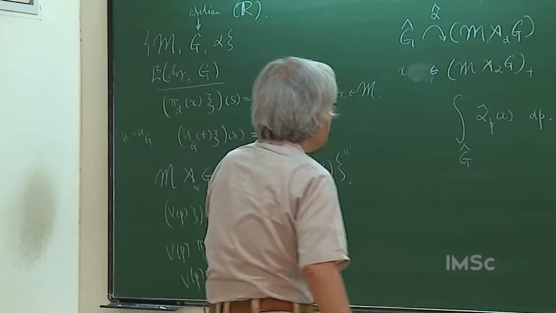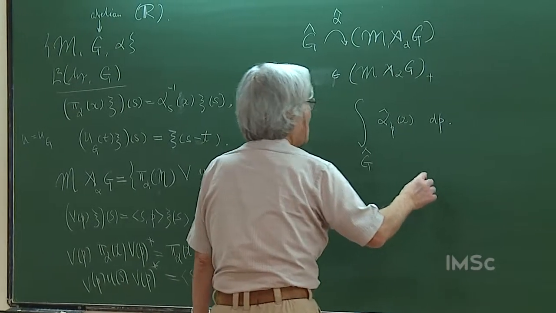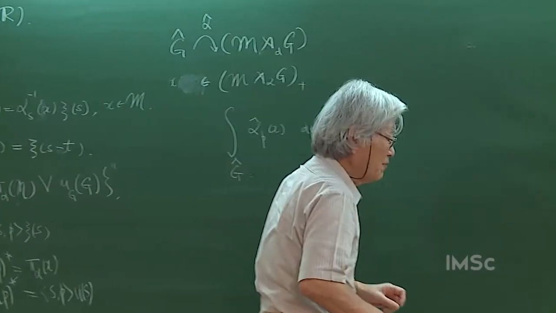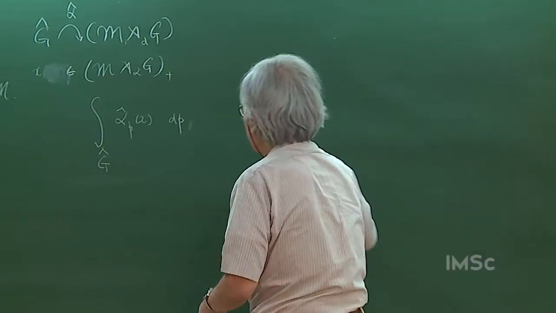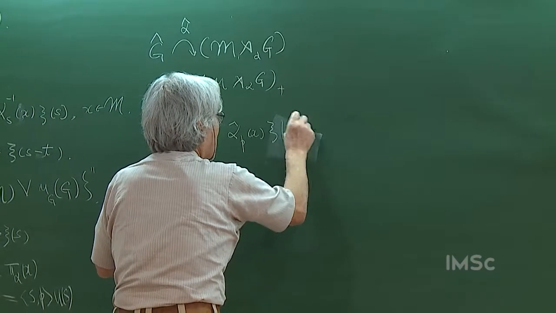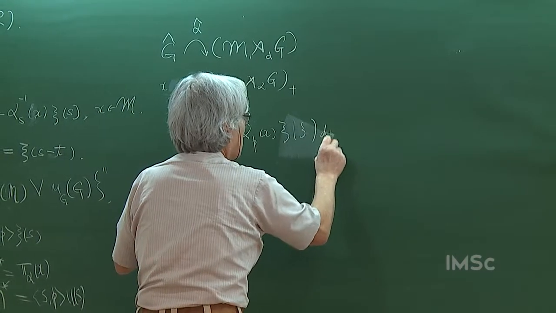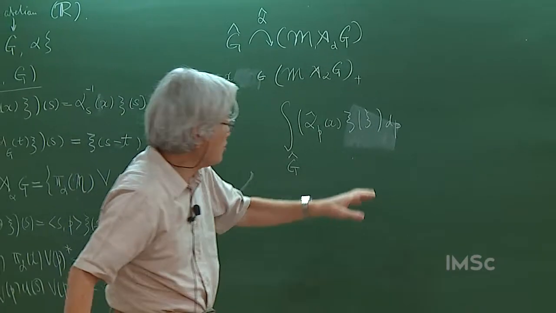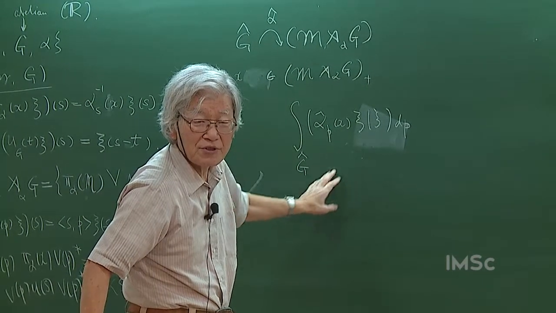So we consider that, at the same time, if you actually look at this in numerical terms, dP, then this is a positive function over G hat.